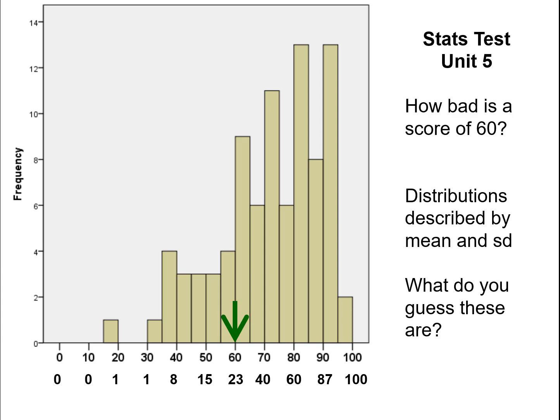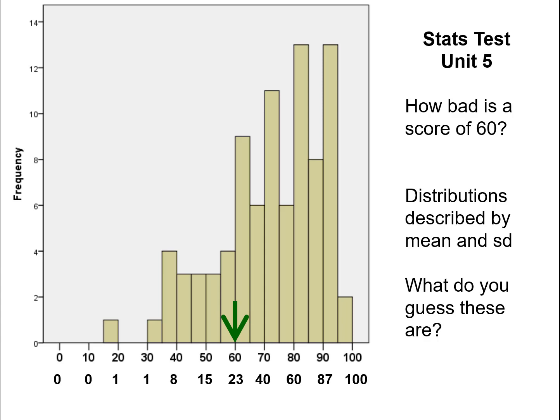Well, to address this issue and to develop a way for describing whether scores are high or low, we're going to take into account the mean and the standard deviation of our distribution. We're going to use the mean and the standard deviation as a method for describing whether scores are high or low.